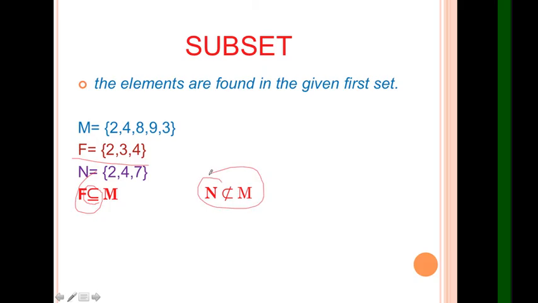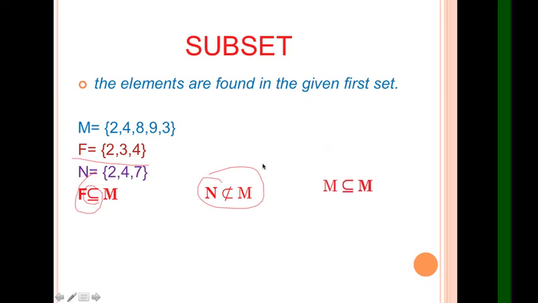Basta nandoon yung mga elements ng first set doon sa second set na sinasabi natin. Okay? Basta yung second set, meron siyang elements doon sa first set. Okay? Siya ay subset niya. No?